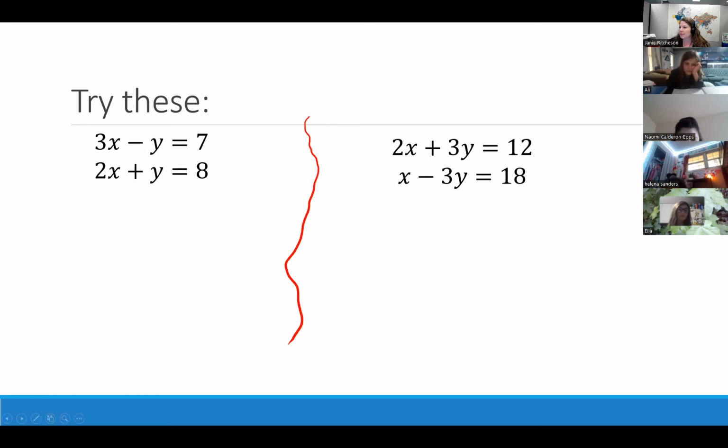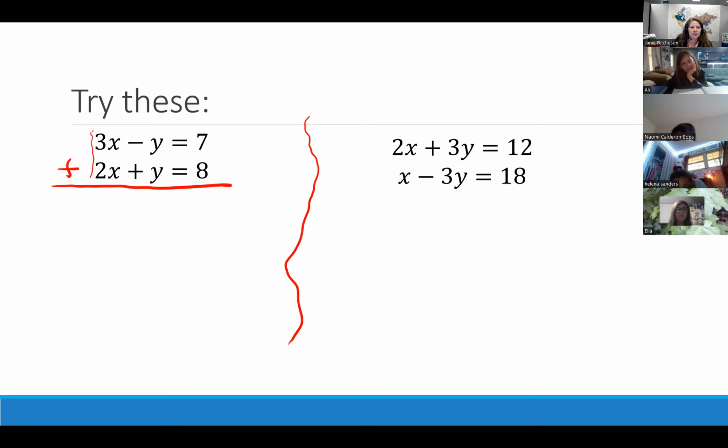The opposite of 5 would be -5. The opposite of 1 would be -1. So in this first example, hopefully you notice that the y's have opposite coefficients. One is a -1 and one's a +1. When your equations are written in standard form, like these are, the easiest way to solve the system of equations is with what we call elimination.